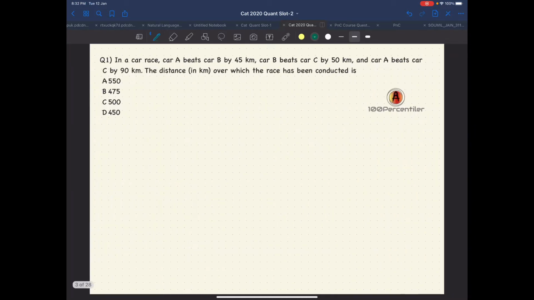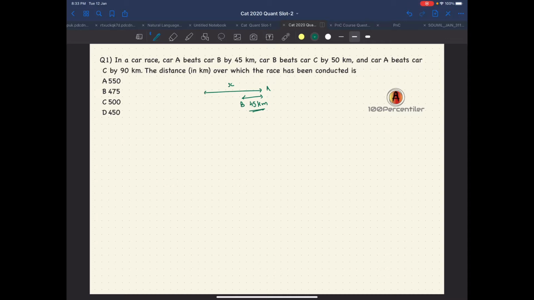Okay, the first question here is in a car race, car A beats car B by 45 kilometers. So when we say that car A beats car B by 45 kilometers, it means that when A has completed the race, so let's say the total race distance is X, then B has reached here, which is 45 kilometers from the finish line.